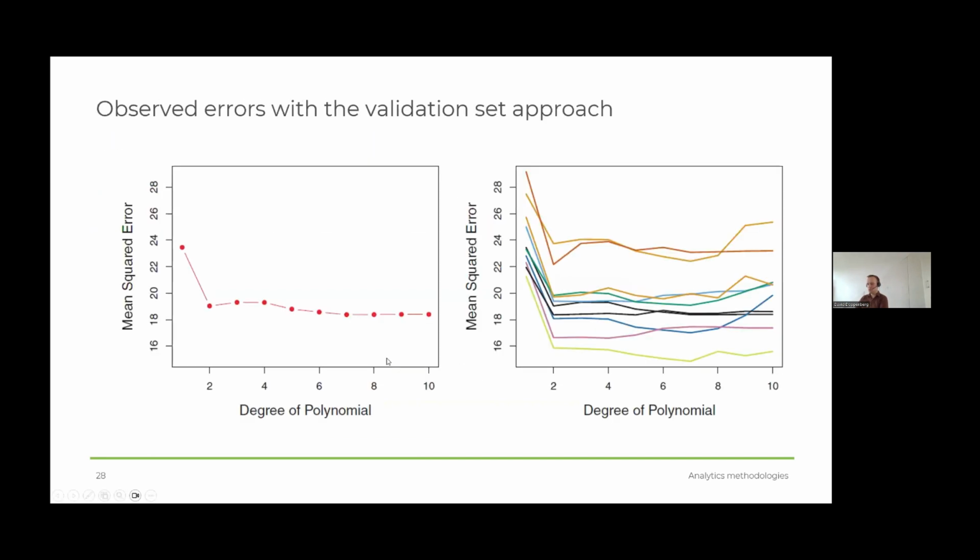Here you can see, I'm not so sure what the one on the left is, but on the right each of these lines is basically a different way of splitting your historical data into training and testing. On the x-axis you see the complexity of the model, and on the y-axis you see the error.